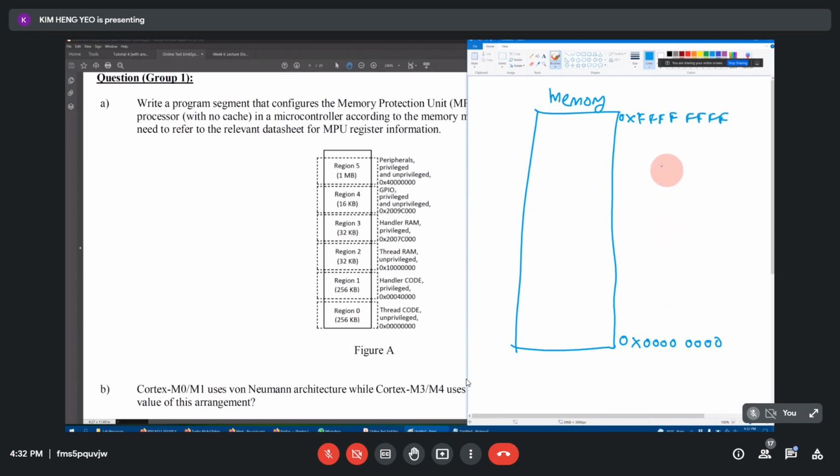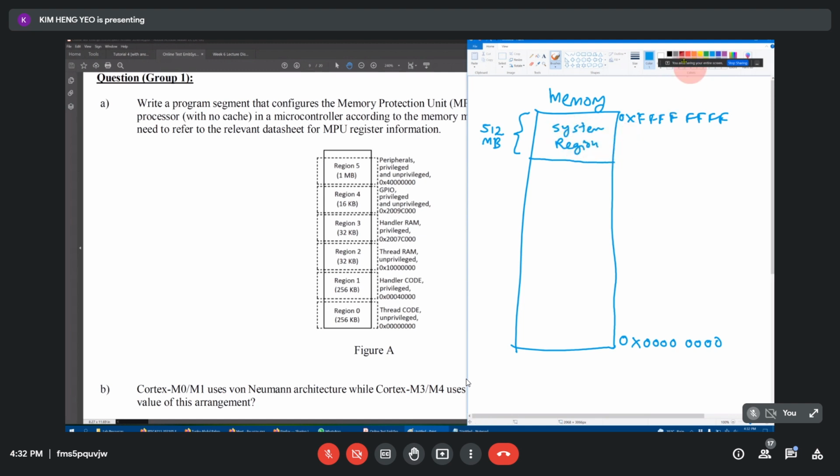In this entire memory space, by default, this part up here, 512 MB, is called the system region.